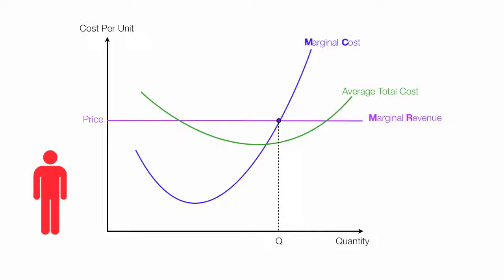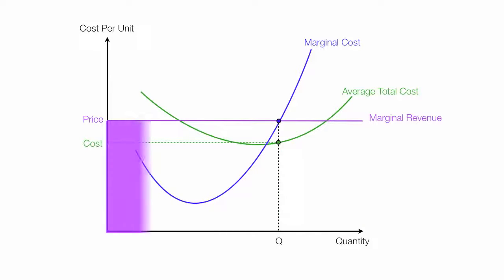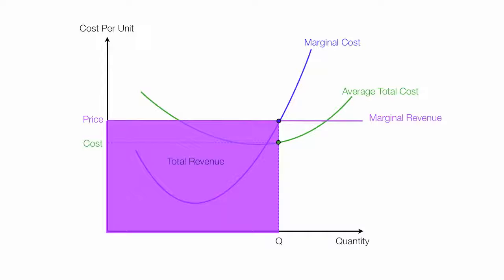Now the cost for the individual supplier, I'll draw a green line up to the average total cost curve and then across, and this is our cost per unit. Total revenue is this purple rectangle, and it's simply price times quantity. That's the area.